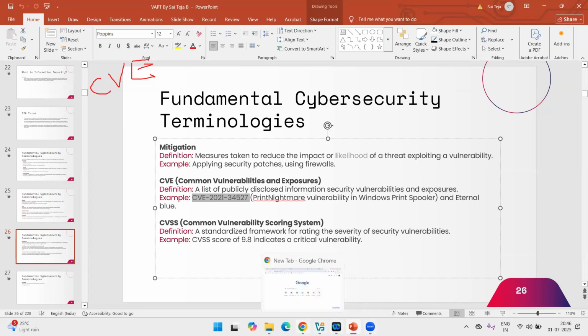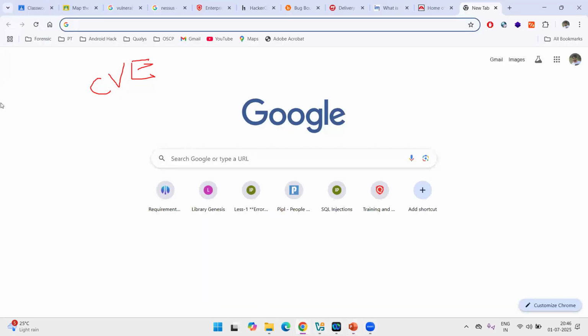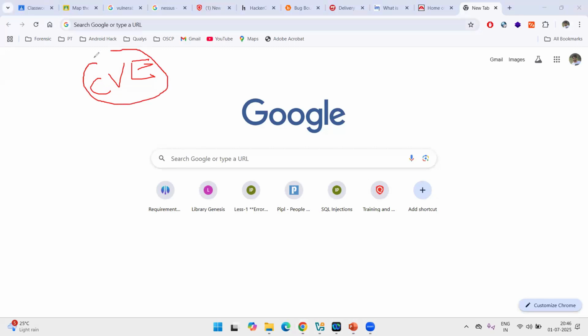And all those CVEs will be saved or tracked in the vulnerability database. We have some vulnerability databases which are maintained by governments, and of course, some proprietary vulnerability databases maintained by different vendors who work with the specific domain.